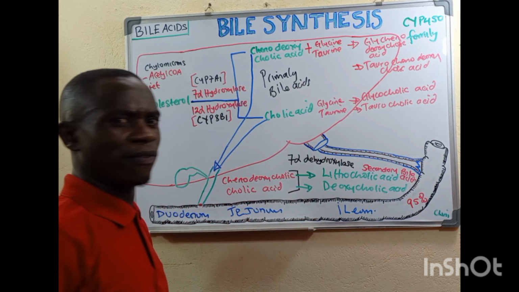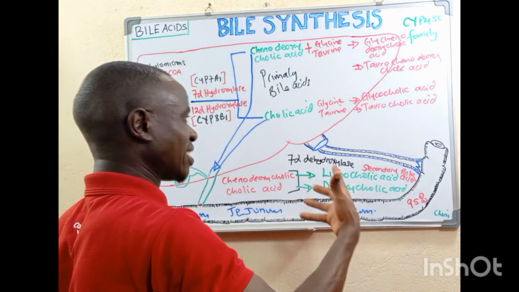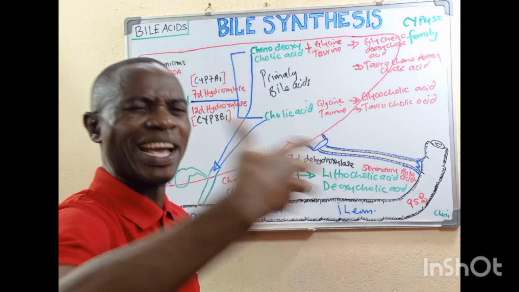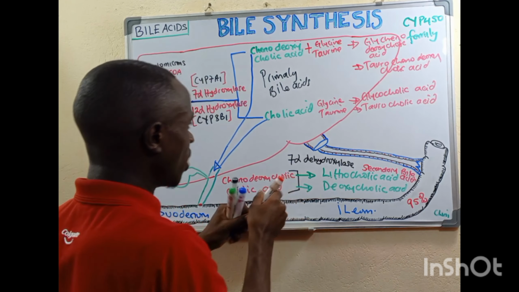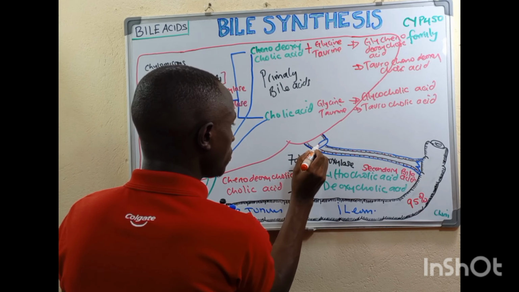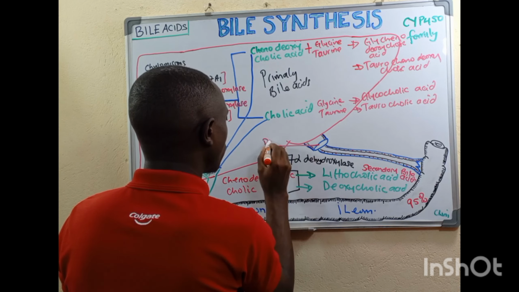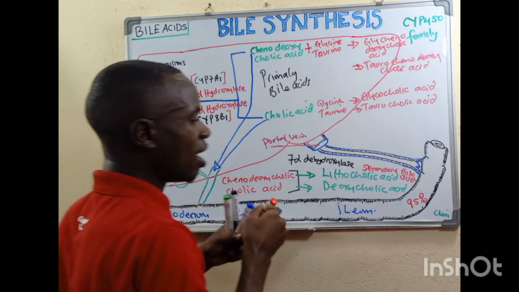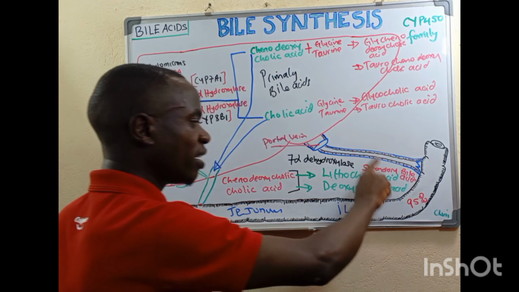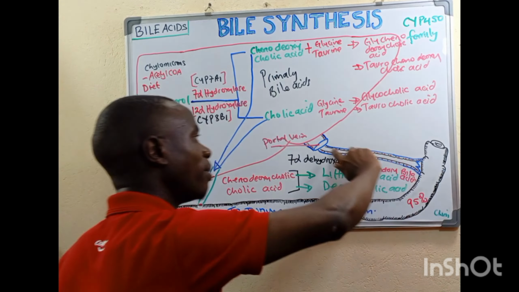Do you know what this great vessel is called? The one which enters the liver carrying all the substances absorbed in the intestine is the portal vein. So 95% of the secondary bile acids are taken back to the liver.